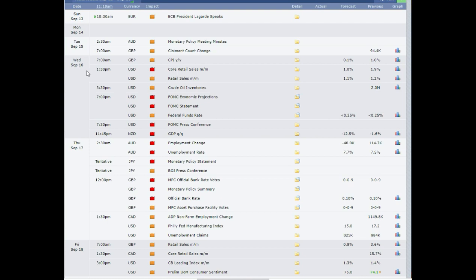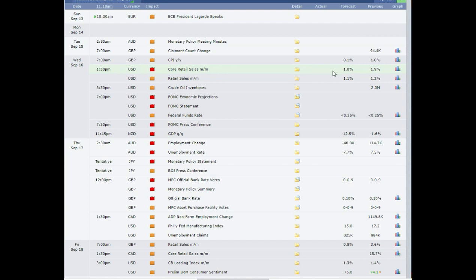But on Wednesday at 1:30 p.m. London time, we have the US core retail sales. This shows the change in the total value of sales at the retail level, excluding automobiles, which is expected to come out at 1% as against 1.9% previous.